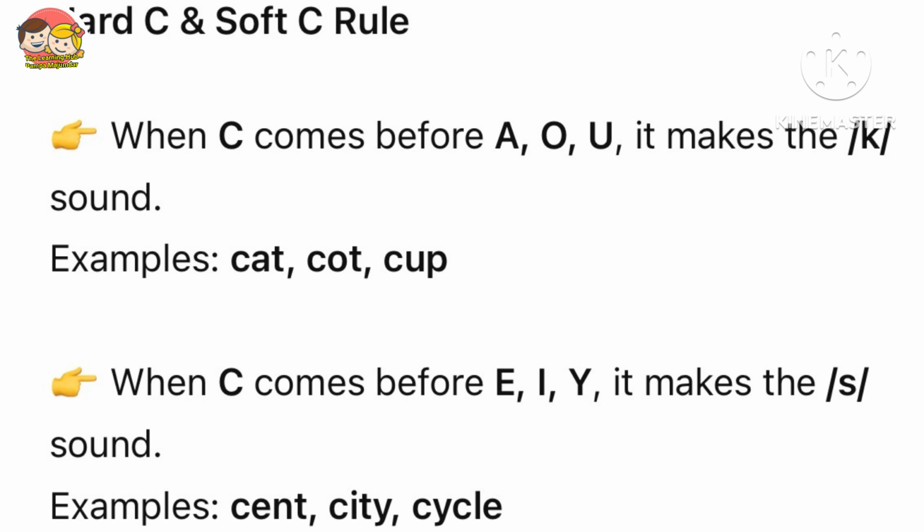We also learned the rules. When C comes before A, O, U, it makes hard C sound, k. And when C comes before E, I, Y, it makes soft C sound, s. So the vowel after C helps us to know the sound of letter C.